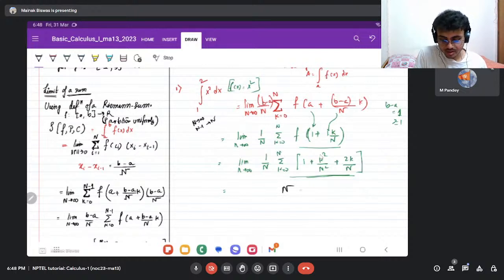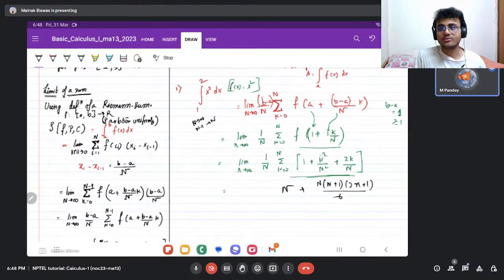So n plus, what is summation of k square? n into n plus 1 into 2n plus 1 by 6. You remember, right? This is the summation of squares. Yes, sir. So 2 into n plus 1 by 2 plus n plus 1 by 2, right?